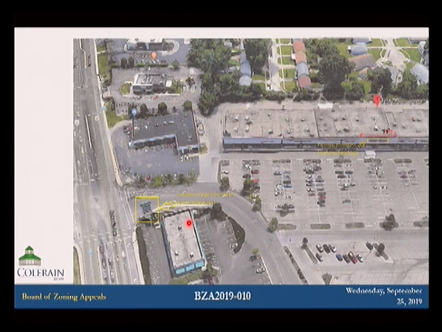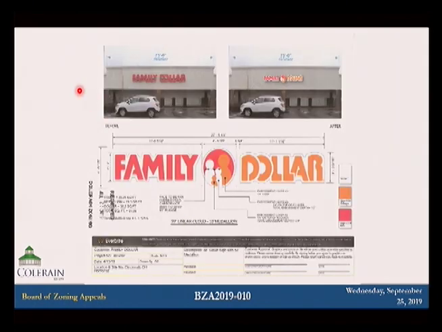So with this, the total width of the Family Dollar store unit is 75 feet. So the maximum square footage that they could have for a wall sign would be 75 square feet. Here is their proposed Family Dollar sign. The new proposed sign is approximately 121.5 square feet, so it's a little smaller than what is there now.